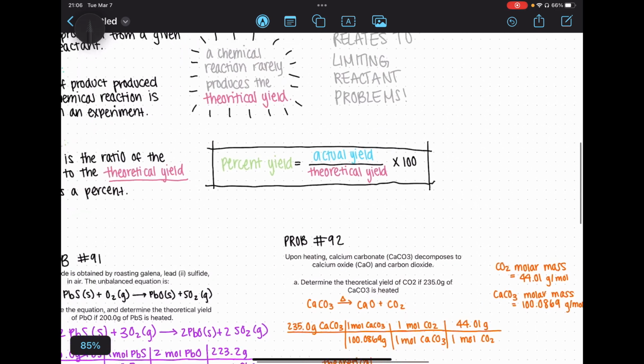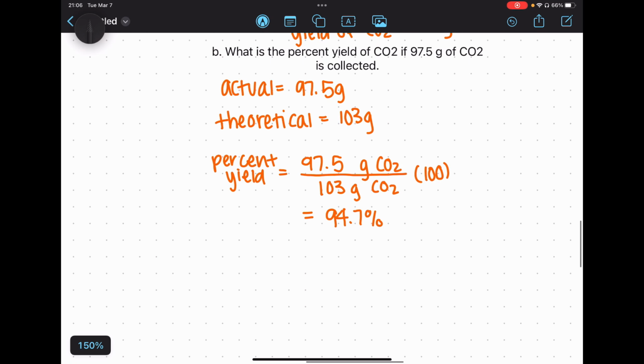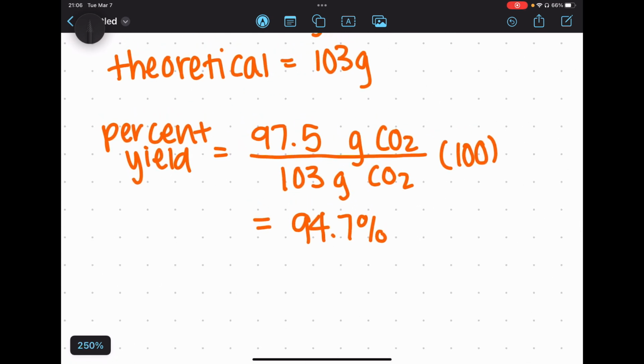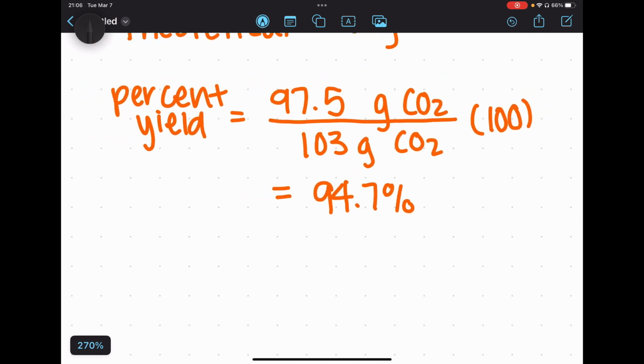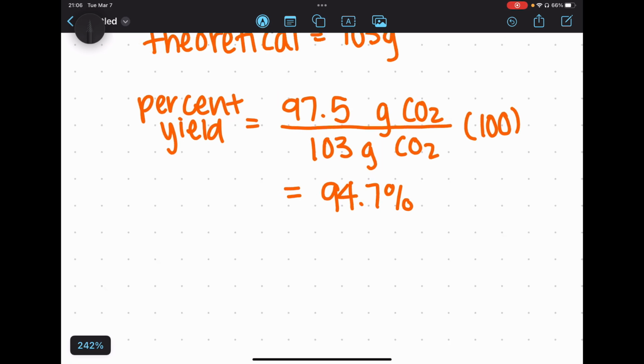So I went back to my percent yield calculation, as I'd shown previously. So my percent yield is 97.5 grams of CO2 divided by 103 grams of CO2. And I'm going to do this all times 100. So these values cancel out. So my total percent yield of CO2 for this reaction is 94.7%.